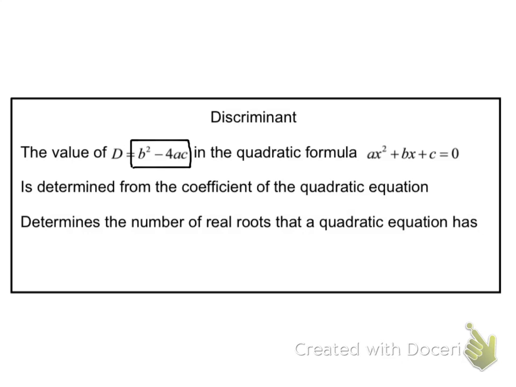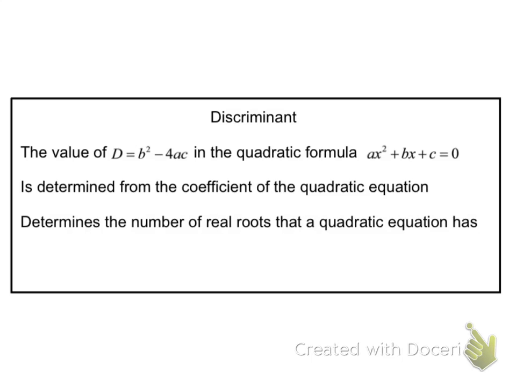But for the discriminant, we don't take the square root. We just look at the b squared minus 4ac value. So you take your a, b, and c values from your equation and substitute them to find the discriminant. We're going to do examples of that, and you'll see what it's used for.